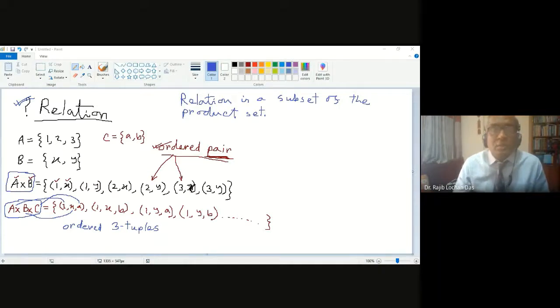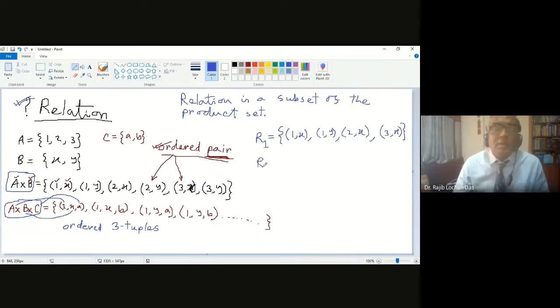In this case also, say I am taking one subset and it is called R1, and this subset has some elements from the product set, maybe 1 comma x, and then 1 comma y, and then 2 comma x, and then 3 comma x. So this is one example subset, and that will be a relation.